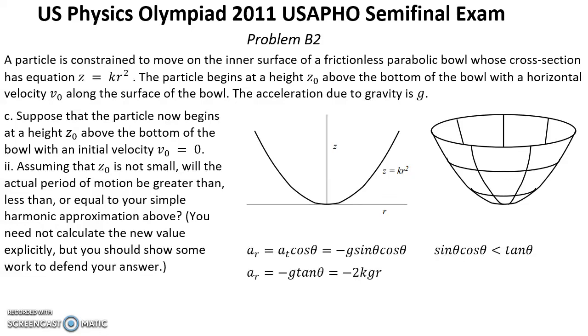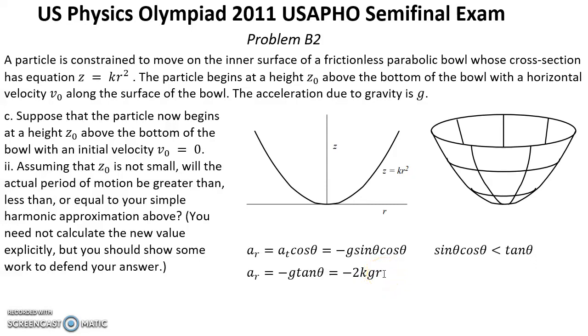Solution. We already found that radial acceleration equals tangential acceleration multiplied by cosine theta, which is equal to negative g sine theta cosine theta. But only in the case of ar equals negative g tangent theta, which is equal to negative 2kg r, do we have perfect simple harmonic motion.